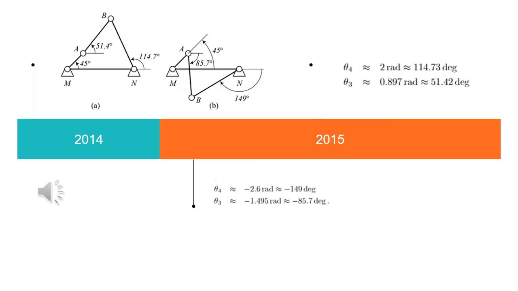And using the plus, we have then for angle 4 more like negative 2.6 radians, and this is the same as negative 149 degrees, and the same with angle number 3.